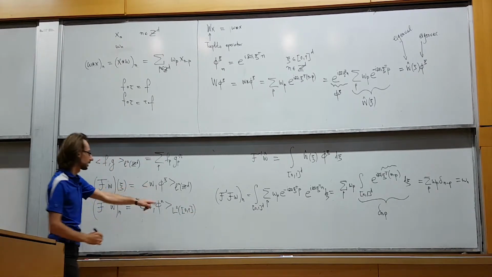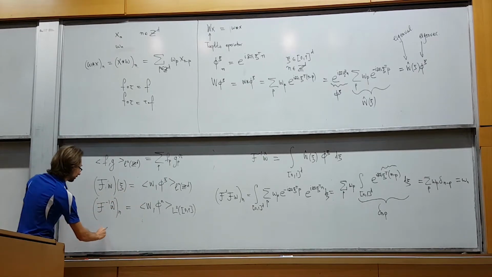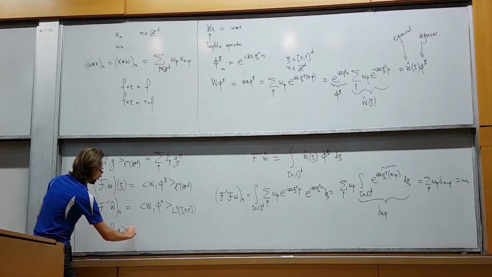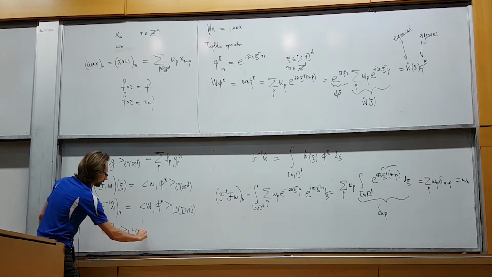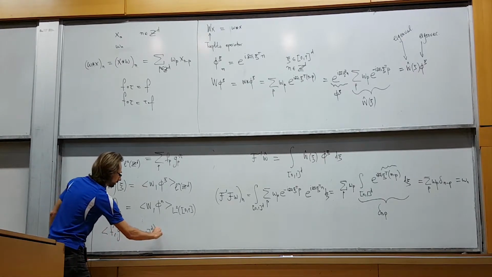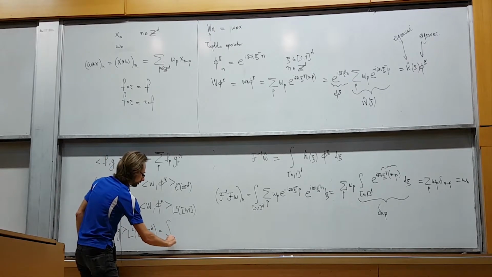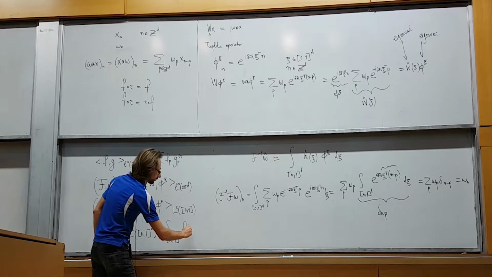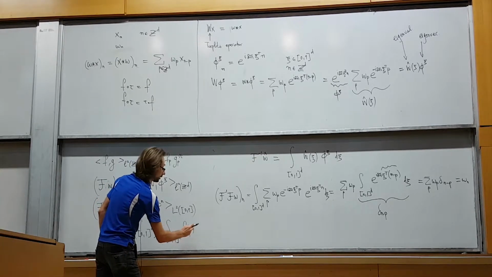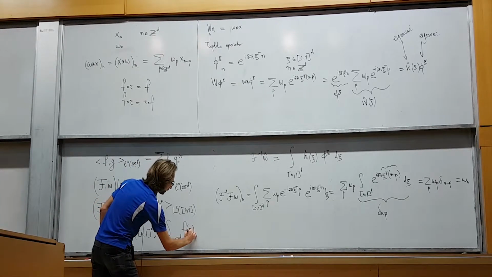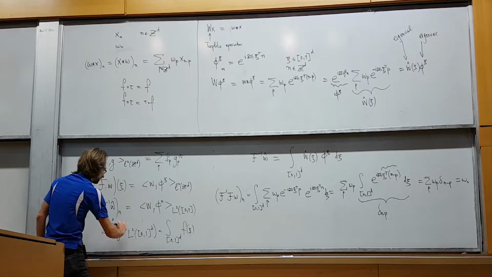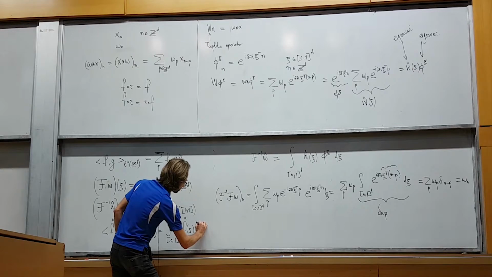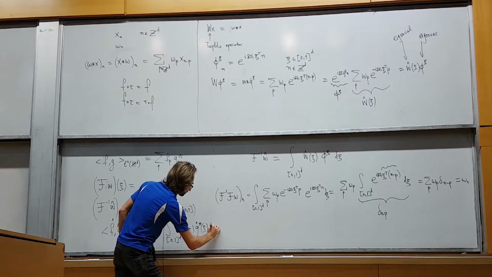And of course the inner product between two functions on this domain will be the integral over this domain of f hat(psi) times g hat complex conjugate of psi, d psi.